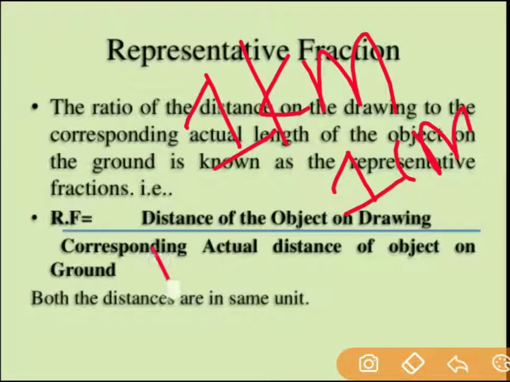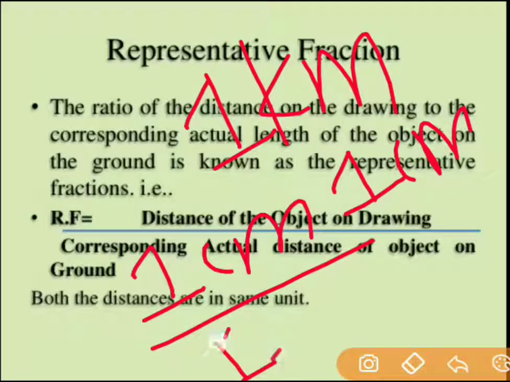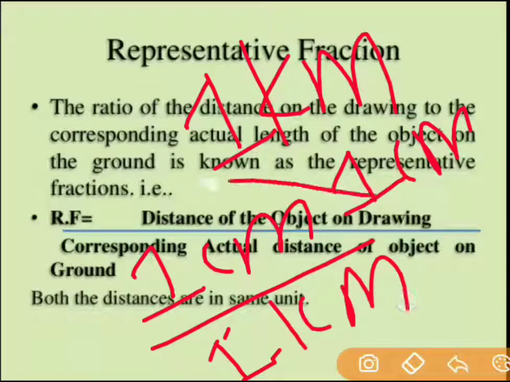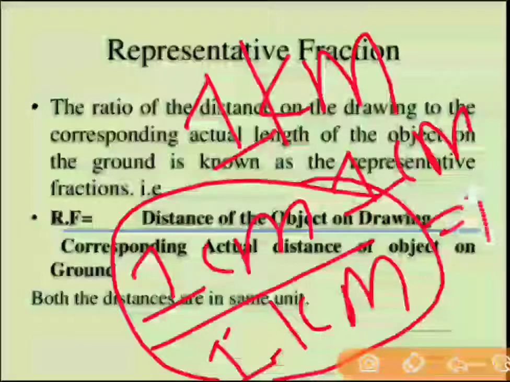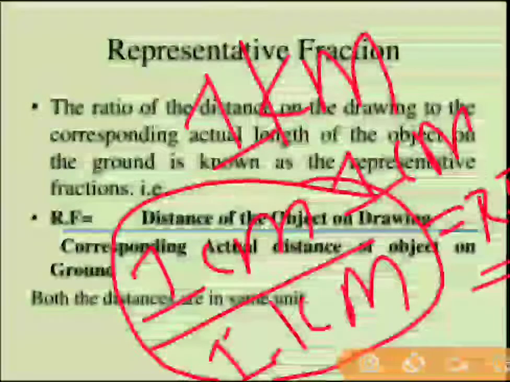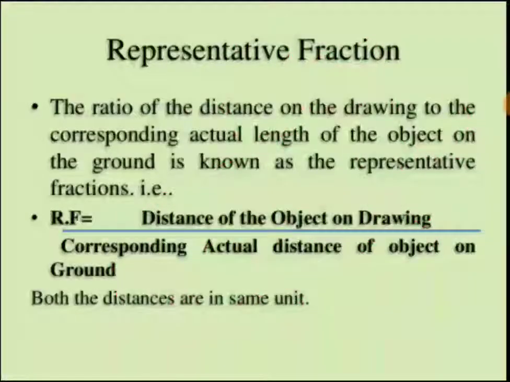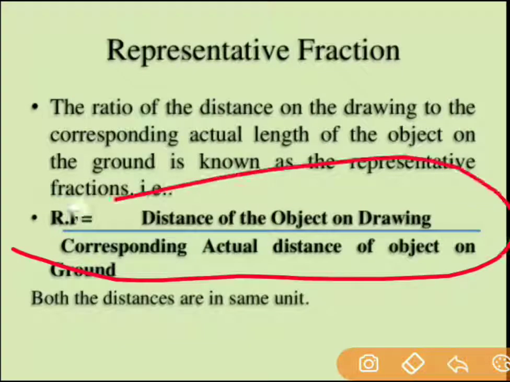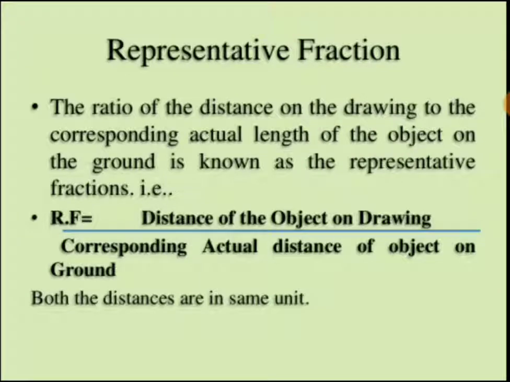So here 1 centimeter divided by 1 kilometer, this is known as RF, representative fraction, right? Clear. Okay now, right?